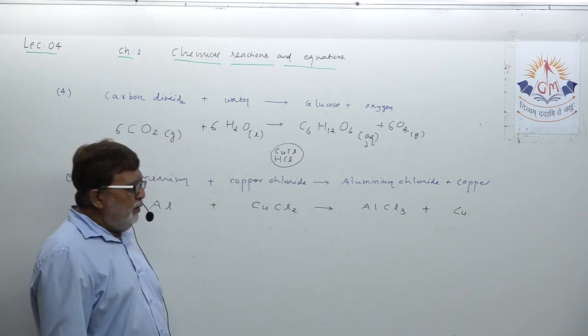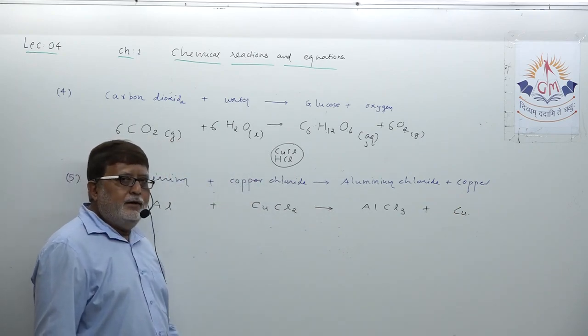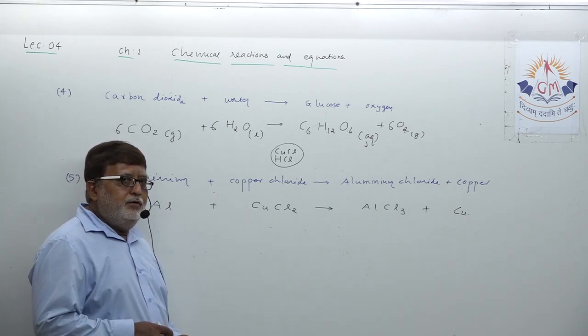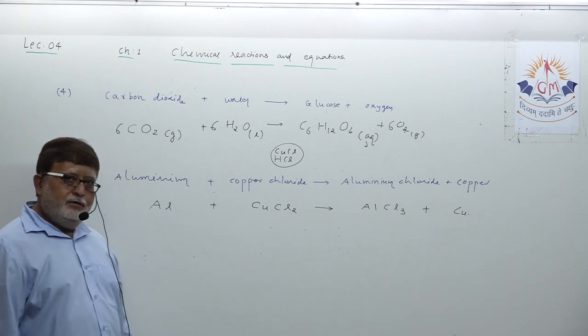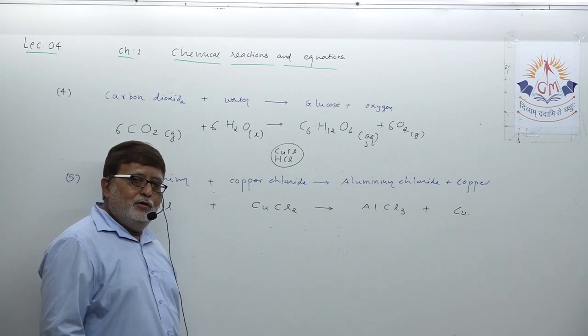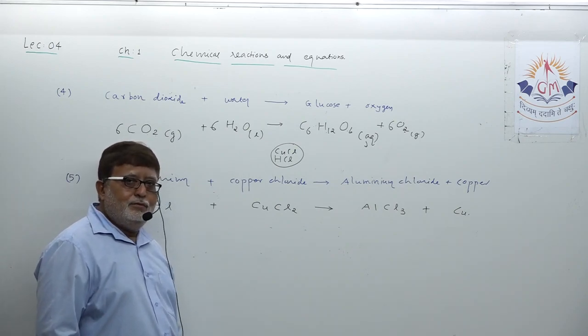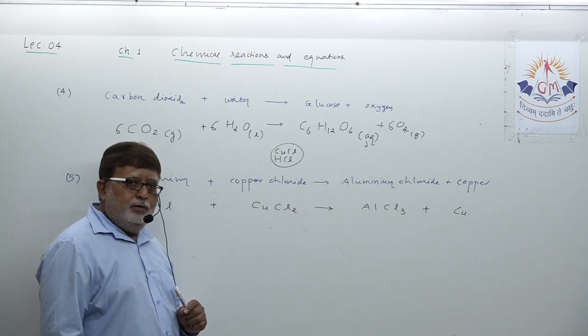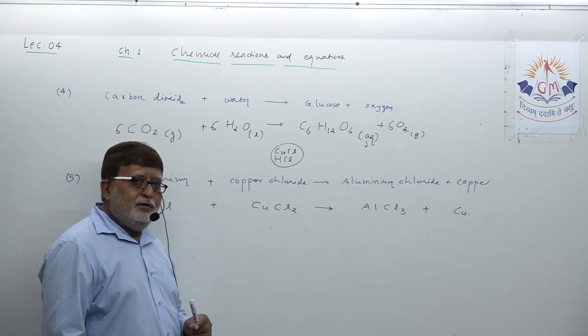This is how I have seen students getting confused. When they speak the formula of hydrogen chloride, they write HCl. When they write the formula of copper chloride, they write CuCl2. When they write the formula of aluminium chloride, they write AlCl3.